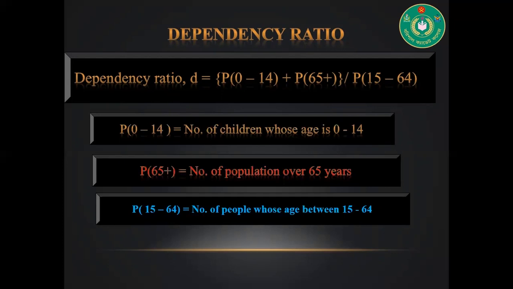P of 65 plus means the number of population over 65 years. And finally, P of 15 to 64 means the number of people whose age is between 15 and 64.